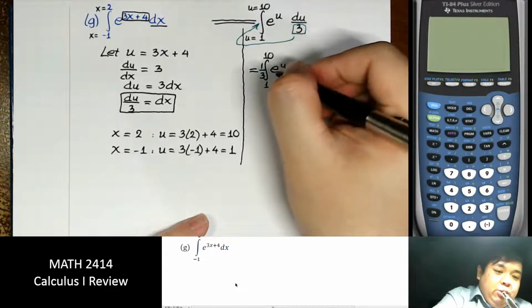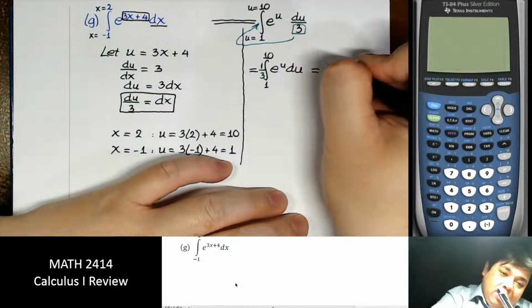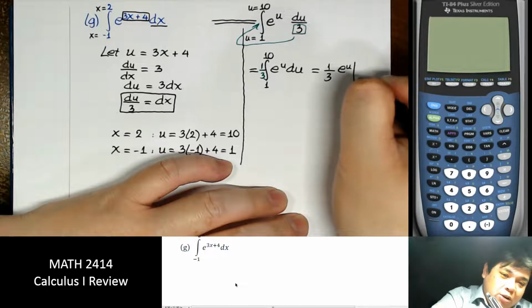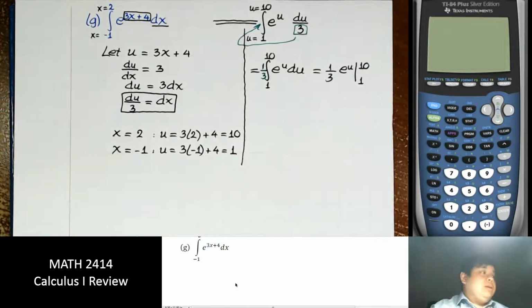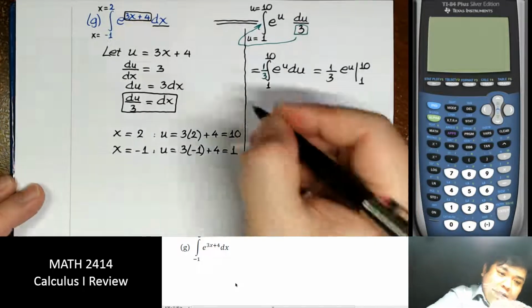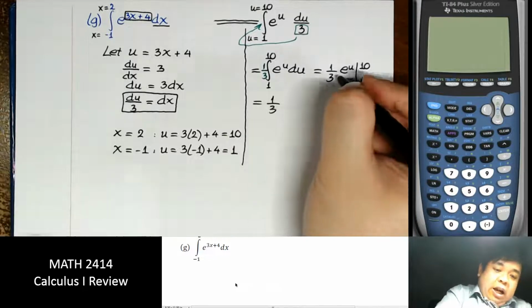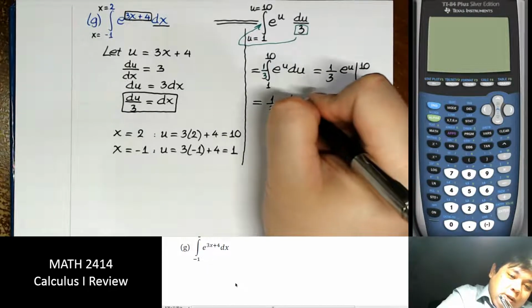Integral of e to the u, e to the u, just the same thing. This one has the limit, so fundamental theorem of calculus, you go from 1 to 10. Right? So it's 1 over 3. And e to the u, we'll put 10 in it for u.